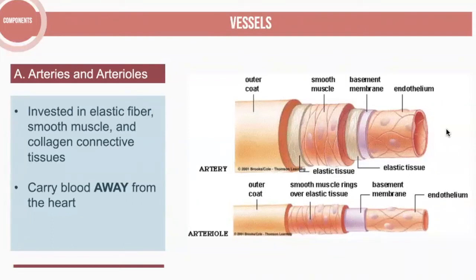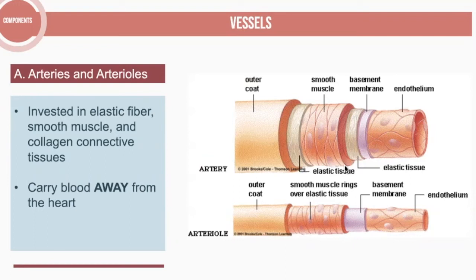When we look at the structures, we can see that they are invested in elastic tissue, elastic fiber near the basement membrane. Along with this elastic layer, we also have smooth muscles and tough collagen connective tissues comprising the whole vessel.